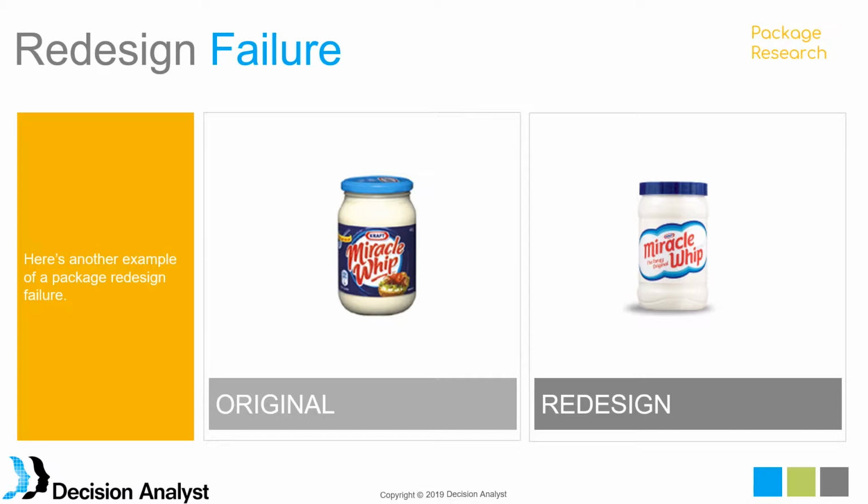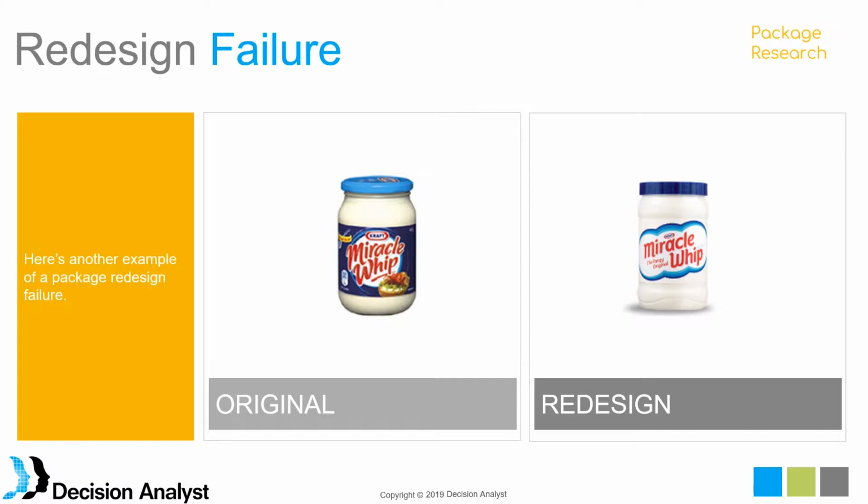The redesign package, you could say, is more simplistic, maybe even more clean, if you wish. But unfortunately, it didn't stand out on grocery shelves as much as the original package. Even some reviewers later described it as a bland, almost generic type of a package facing. So it wasn't doing Kraft any benefits. It wasn't doing the brand any benefits. And as a result, sales declined.